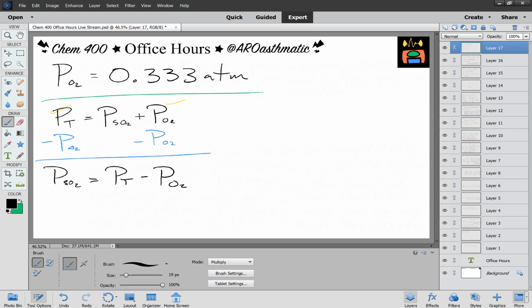Total pressure is 0.998 atmospheres. Partial pressure of oxygen is 0.333 atmospheres.